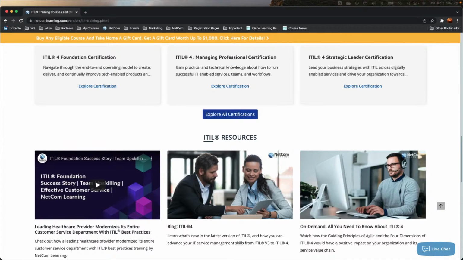To give you a broader bifurcation between these two, Eliza: the managing professional is for people within IT in a managerial role, whose primary objective is to understand the strategy and accordingly plan, design, manage and maintain the IT services.